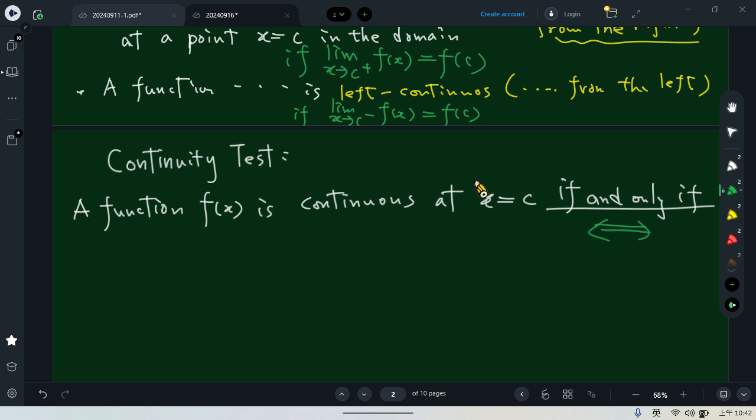That means if we say f is continuous at x equal to c, then we can make sure these three things hold. One is that f of c exists, then the limit as x approaches c of f of x also exists. Then finally, these two values should be the same.